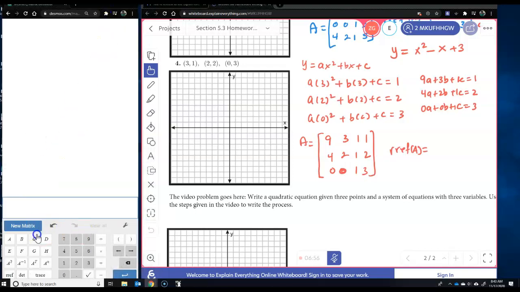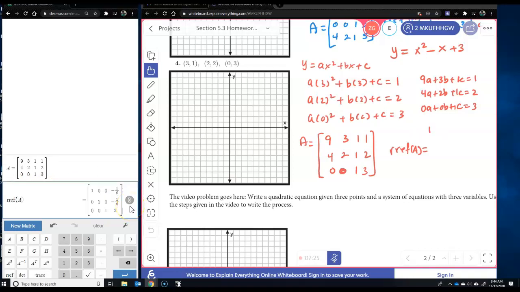So we're going to clear this. So new matrix, 3 by 4. So we have 9, 3, 1, 1, 4, 2, 1, 2, 0, 0, 1, 3. Enter RREF, and we're going to save A. And then you see this, yeah, we're going to convert to a fraction.